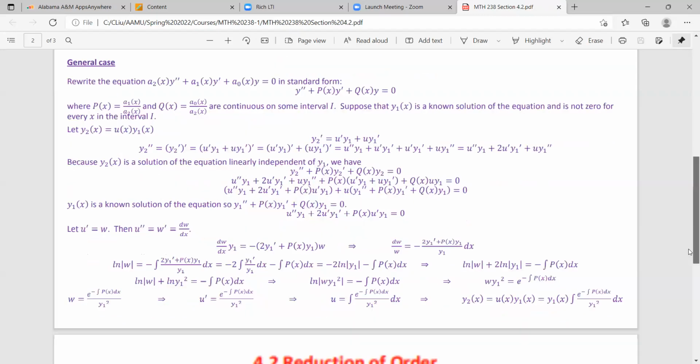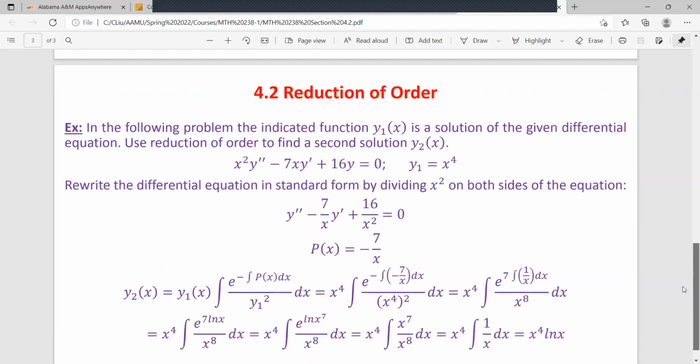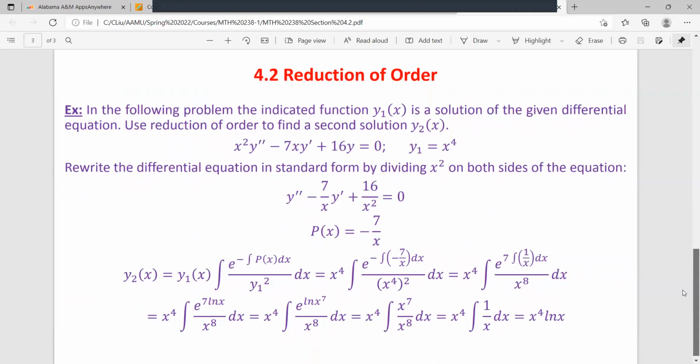So in this example, we have the differential equation x squared y double prime minus 7xy prime plus 16y equal to 0. And it is given that y1 equal to x to the fourth is a solution to this equation.